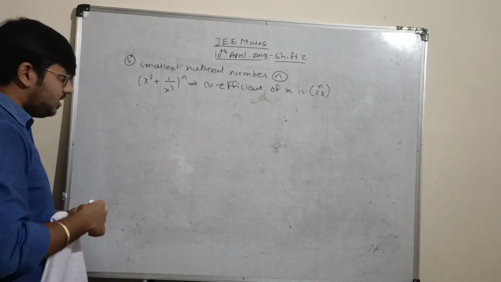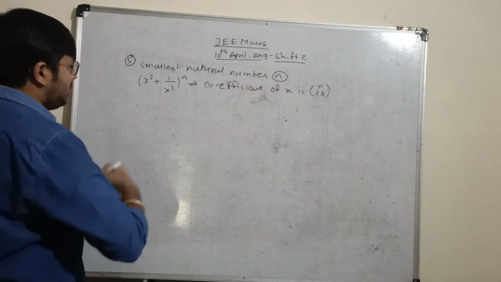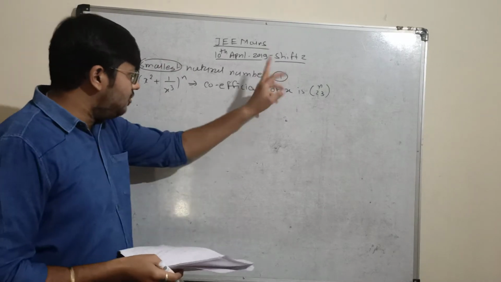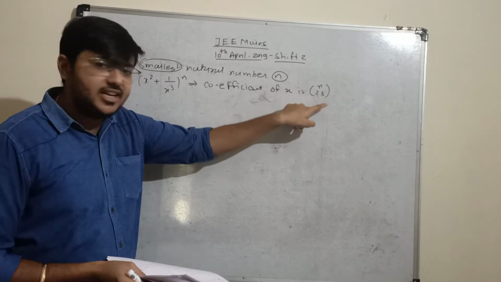This is the question, right? For which value of n, the smallest natural number, does the coefficient of x in this expansion equal nC23?